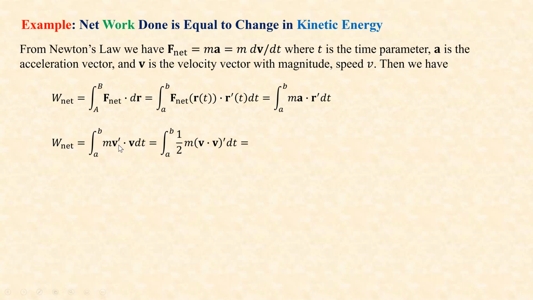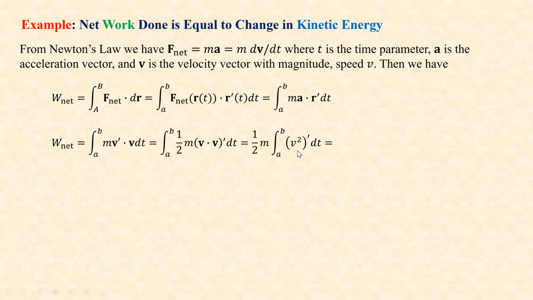So this one is half of this. So we have 1/2 m v dot v prime. And what is v dot v? A vector dotted by itself becomes magnitude squared, right? So it becomes 1/2 m that comes out of the integral, and then (v squared) prime.